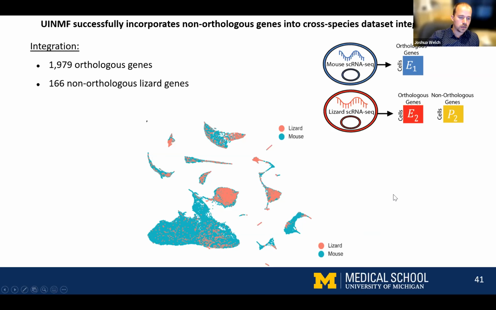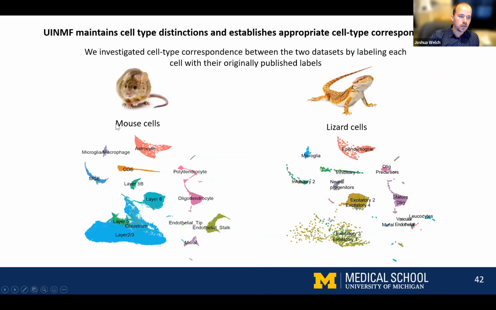And you can see that the cell types are quite well integrated. And if we look at the published labels from each of the species, we can see that they correspond quite well the way we would expect them to. The astrocytes and ependymoglial cells are aligned. The excitatory and inhibitory neurons are aligned, and some of the non-neuronal cell types are well matched as well.